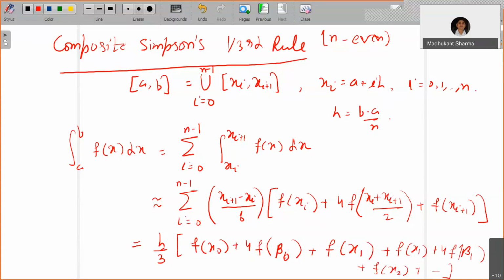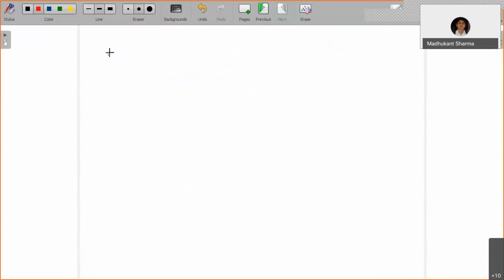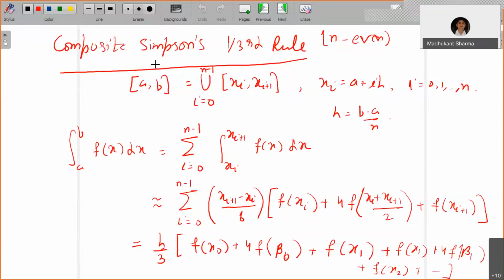Now that is equal to h by 3 times, so f of x naught will not be seen in between anywhere, like f of xn.